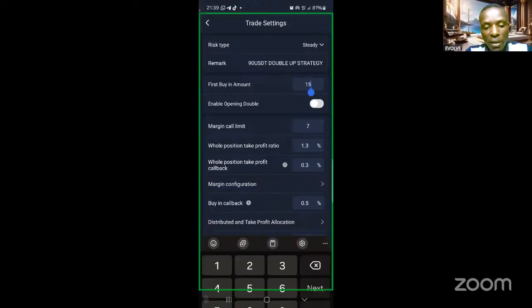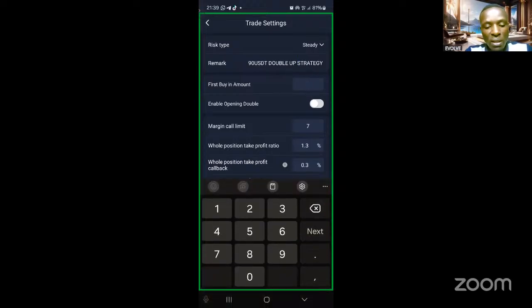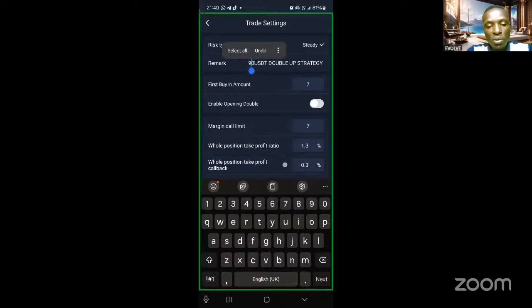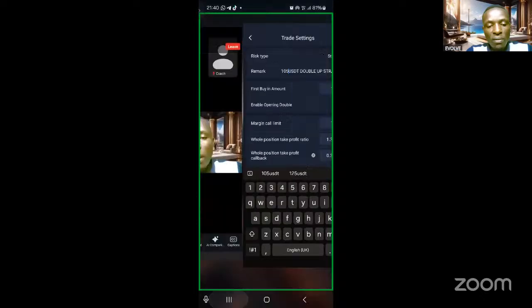And then go ahead and put first buying amount. We said he is going to use how much? $6. He can even use $7. Yeah, $7. The $7 will turn his capital to be deployed to 105. Why 105?